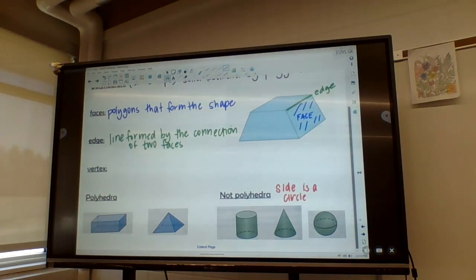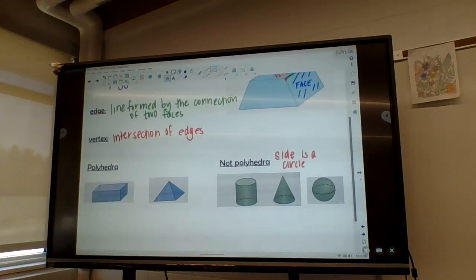Our next term is the vertex, and that's where the edges come together. So like the corners on a shape, you maybe would call it, or the points.